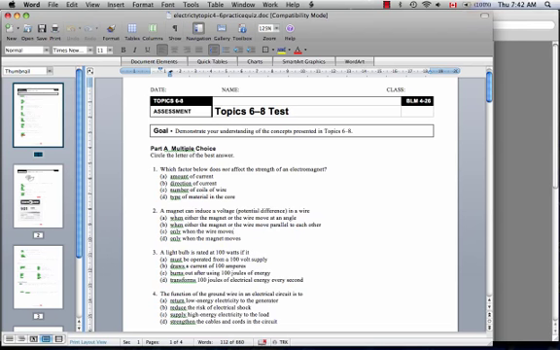Next, a light bulb is rated at 100 watts if it: A, must operate from a 100 volt supply. No. Draws a current of 100 amps. No, not necessarily. The word watt actually means joules per second.